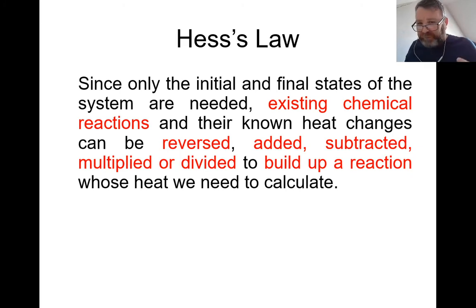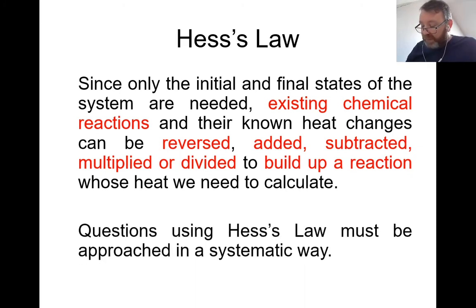Okay, now it sounds difficult in theory, but in practice actually it's quite easy. So questions using Hess's law must be approached in a systematic way. This is why I call this a set piece. There is no other way to answer Hess's law except to follow the rules. Okay, and number one is write out the equation that you want to calculate the heat for. Number two, write down the existing information that is given to you in the question.